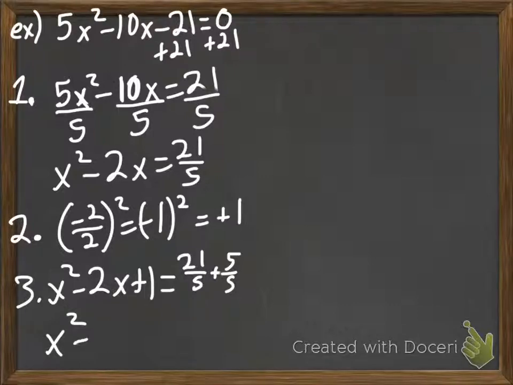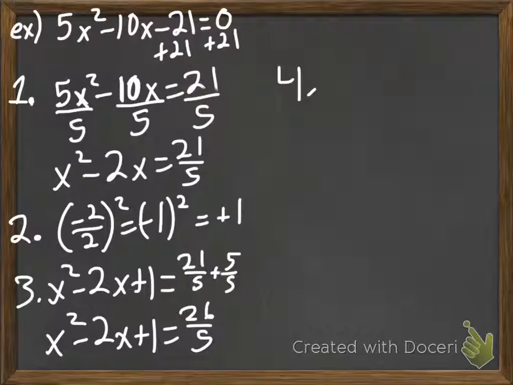So we get x squared minus 2x plus 1 equals 26 over 5. Step 4, we're going to factor. So we get x minus 1 squared equals 26 over 5.